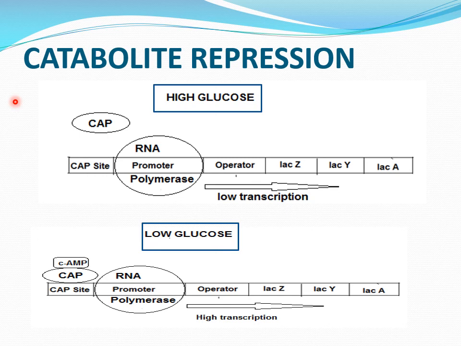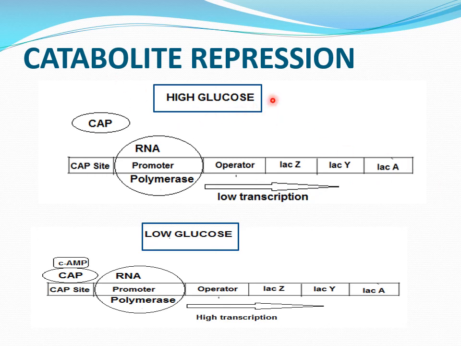One is the inducible repressor, and the other is the catabolite repression, that is the catabolic product of this Lac Operon itself regulates the expression of this polycistronic unit.